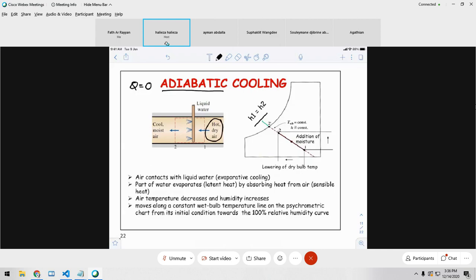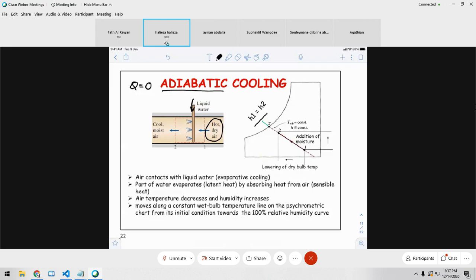So when you are having adiabatic cooling, what happens is you have hot air coming in, then you spray in liquid water droplets through a spray, and the liquid water that is being sprayed will evaporate. It's the reverse of what happened just before this. The previous example we were looking at was condensing.